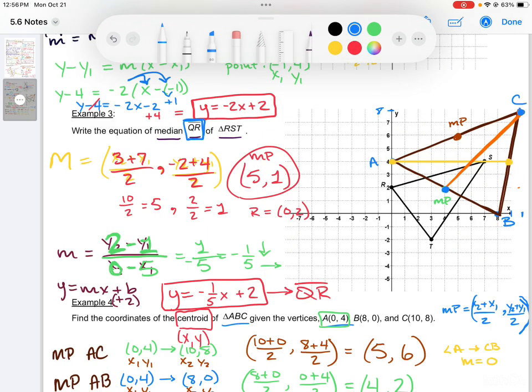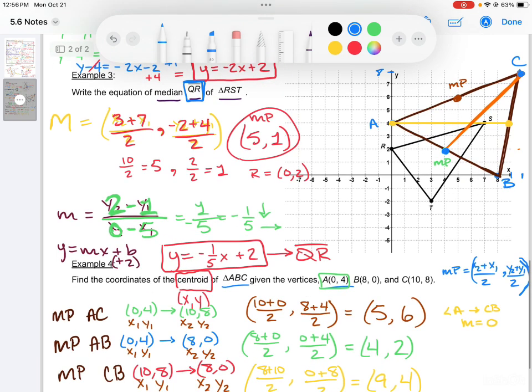When I'm counting the slope here from this midpoint to C, I go up from 2 to 8. So my rise is 6. And I go over from 4 to 10. So my run is 6, which means it has a slope of 1. M equals 1.